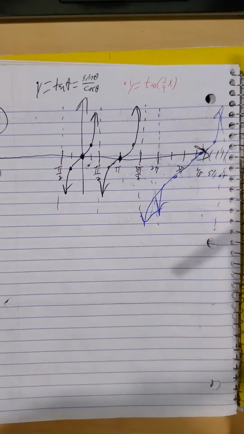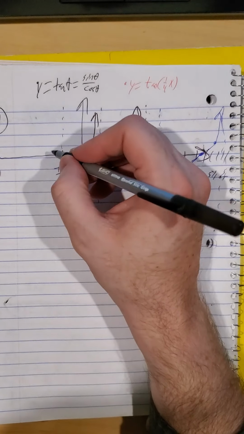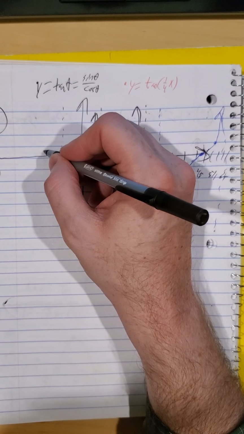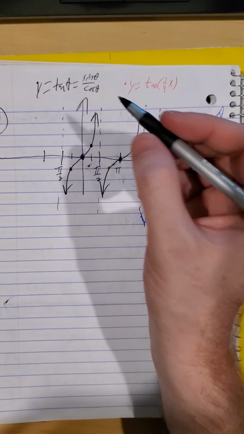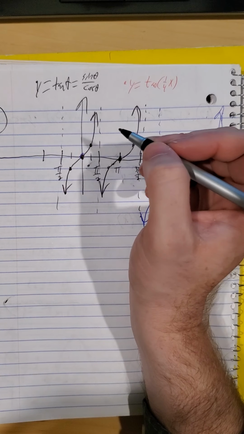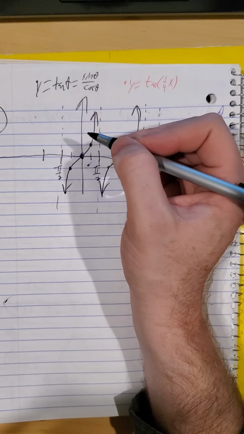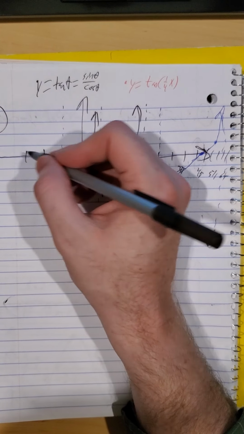Minus pi over 2, again, that's going to go to a minus 2 pi then. There's our pi, 3 pi over 2.